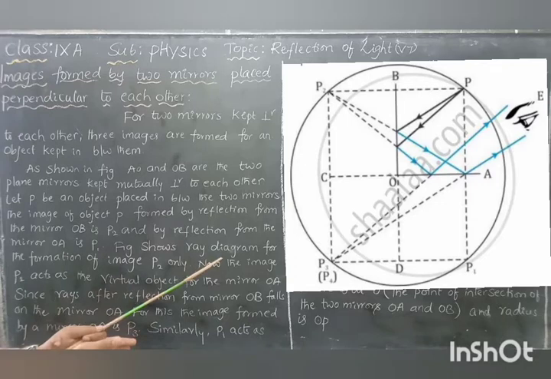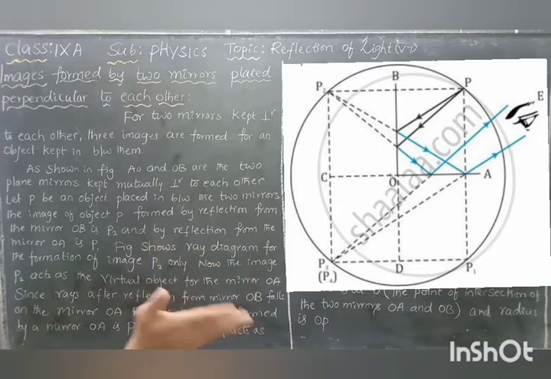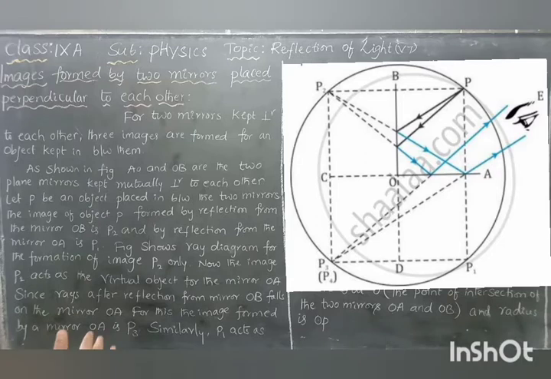After reflection, if you extend the reflected rays, two images are formed. Because of one mirror it forms one image, and the other mirror forms another image. We call it P2 for the mirror OB, and P1 for the corresponding mirror OA.